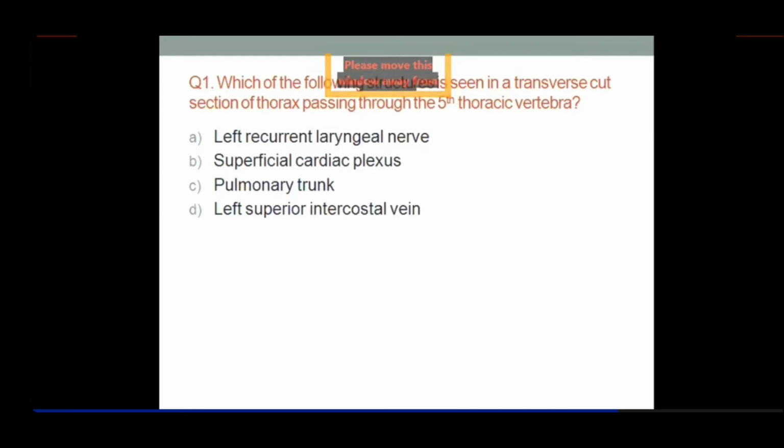If anybody is confident, you can unmute and tell me the answer. Previously also I have been asking many questions in this type of transverse cut sections.